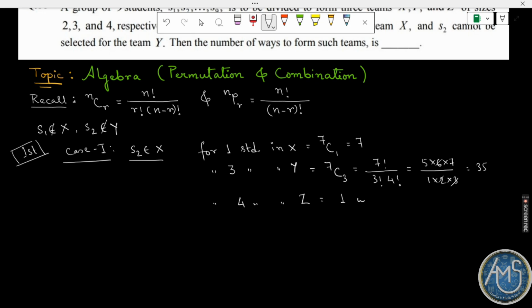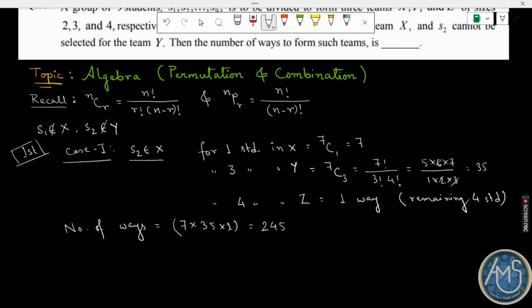Only 1 way left because the remaining 4 students have to be in Z. So the total number of ways in the first case, all the ways have to be multiplied. That means 7 into 35 into 1 because they are dependent on each other. So it is 245.